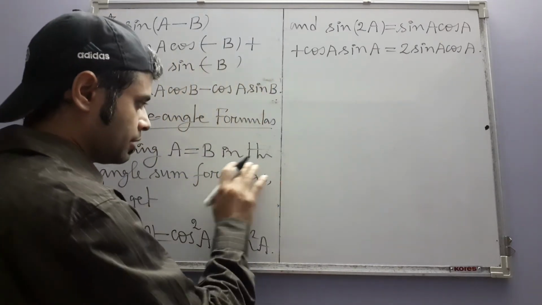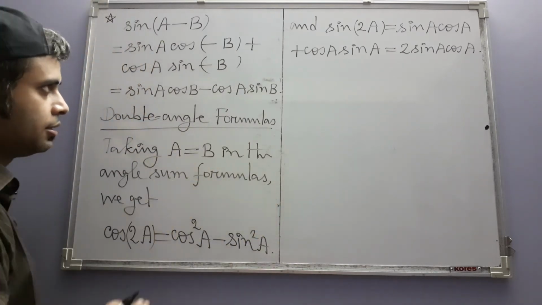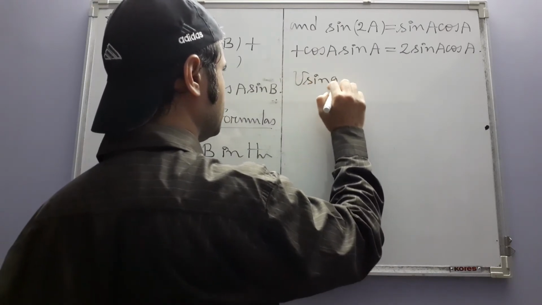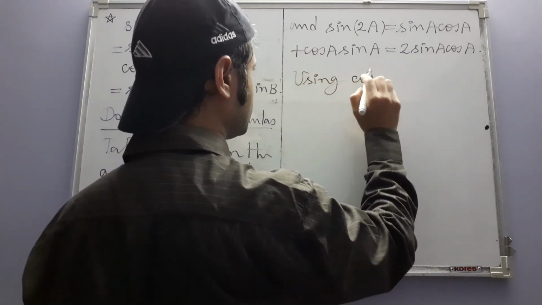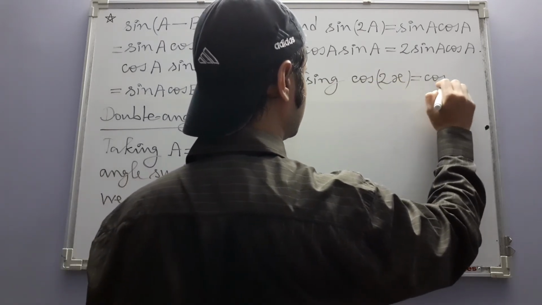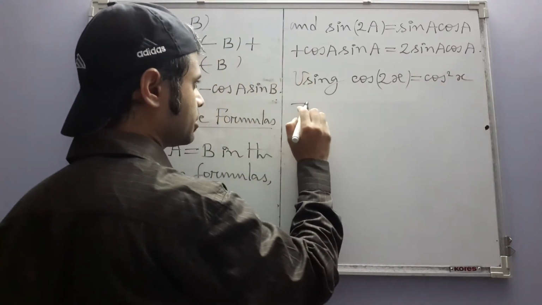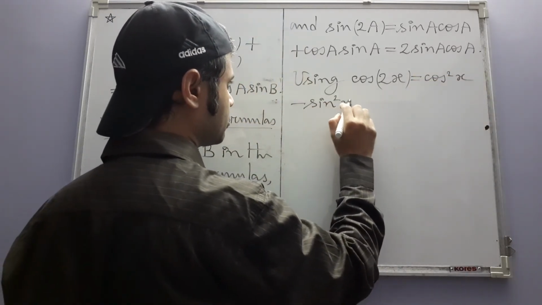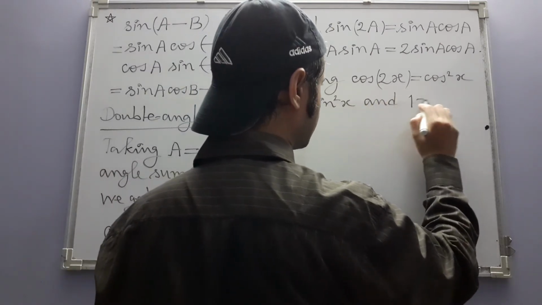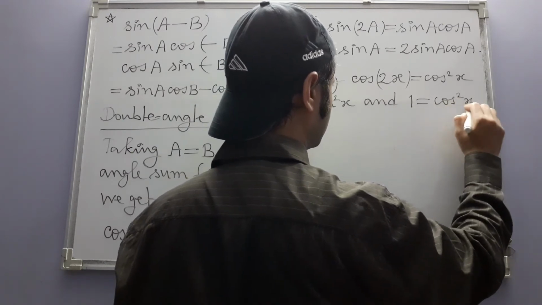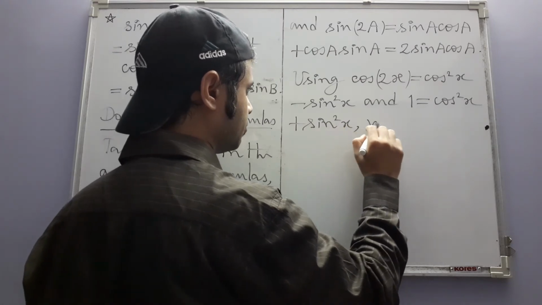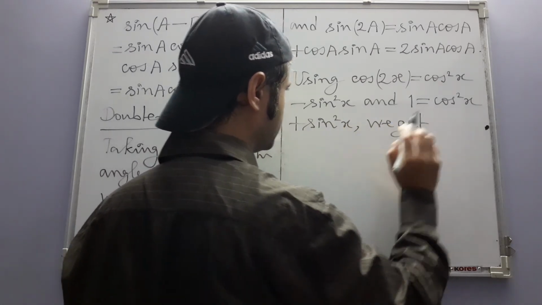Now we can go to that thing that I was going to write here. Using cos 2x equal to cos square x minus sine square x and 1 equal to cos square x plus sine square x, we will get two things.